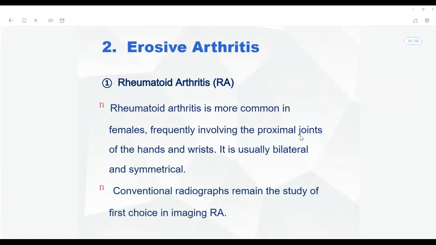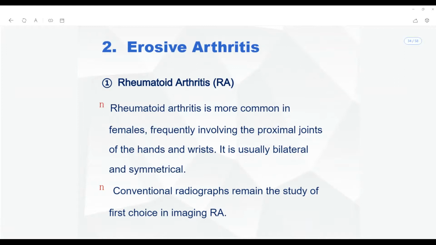Do not forget, it involves the proximal joints of the hands and wrists. And it is bilateral and symmetrical. Remember, this is a very hallmark feature. Involvement of the proximal joints of the hands and wrists is called rheumatoid arthritis.